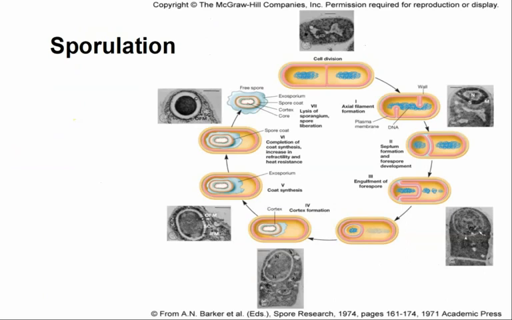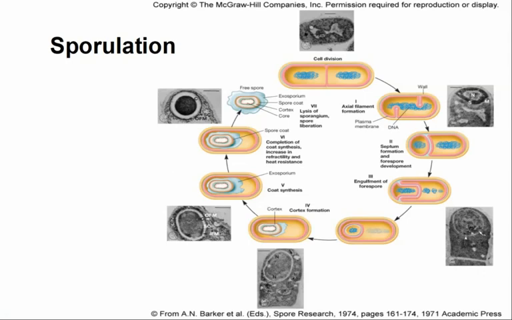So sporulation is a process that, generally speaking, is induced when bacteria don't have enough to eat anymore, okay? So if nutrients are limited, then spore-forming bacteria will stop growing and start to produce endospores.